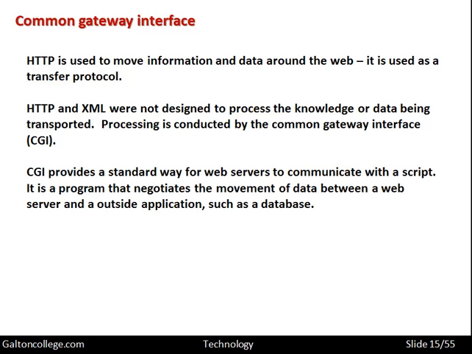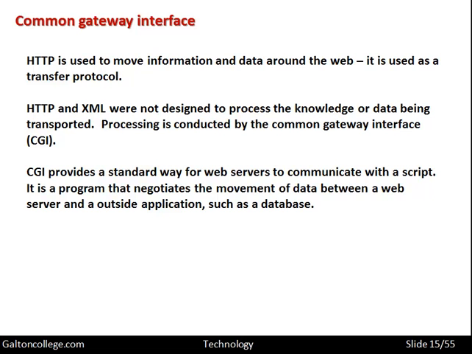Now, CGI provides a standard way for web servers to communicate with scripts. It's a program that negotiates the movement of data between a web server and an outside application, such as a database. So with CGI, we access the server. The data is then called by the server.